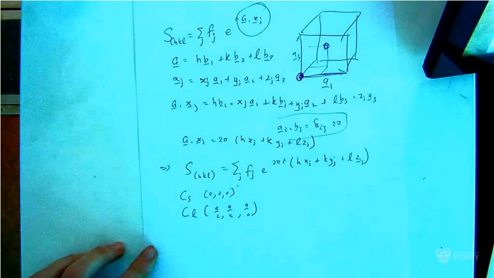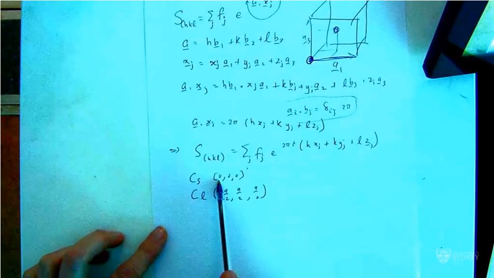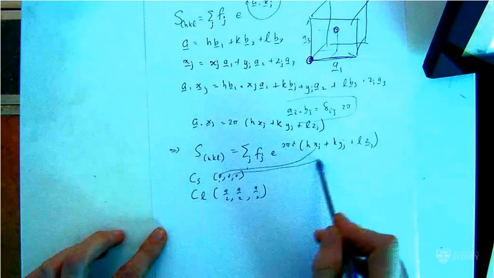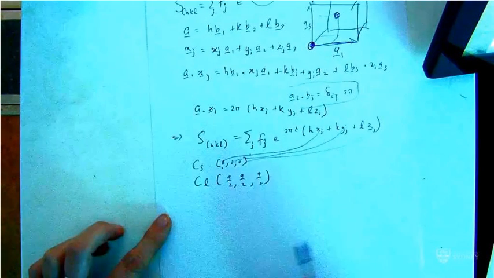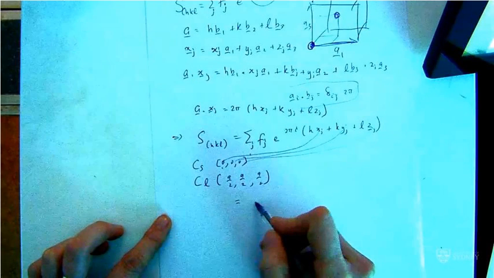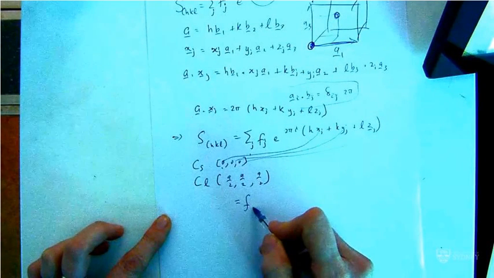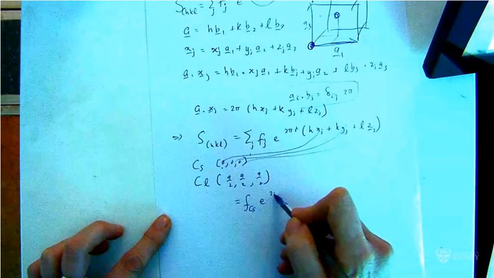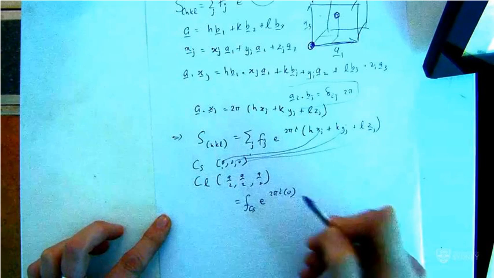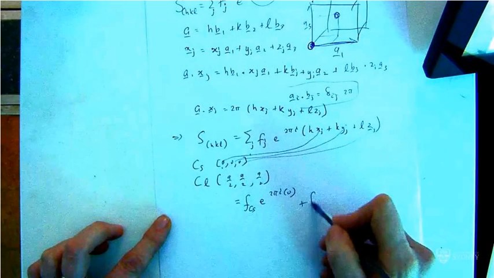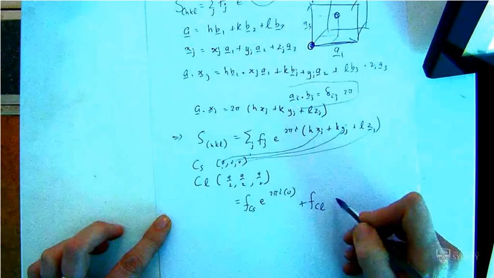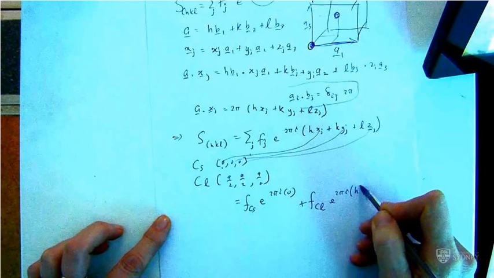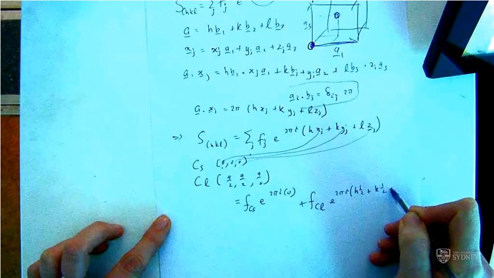So first, what we have to do is substitute in the positions of the cesium atom into here, here, and here, okay? So we end up with F cesium, e to the 2 pi i 0, plus F of chlorine, e to the 2 pi i (h a half plus k a half plus l a half).